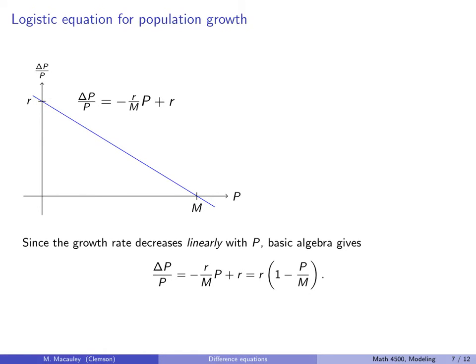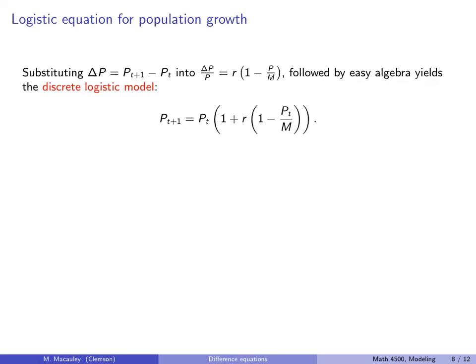And with a little bit of algebra, if we factor out an r from both of these terms, we can write this as delta p over p equals r times 1 minus p over m. Okay, so the logistic equation is written right here.